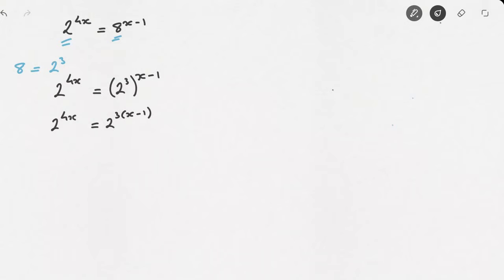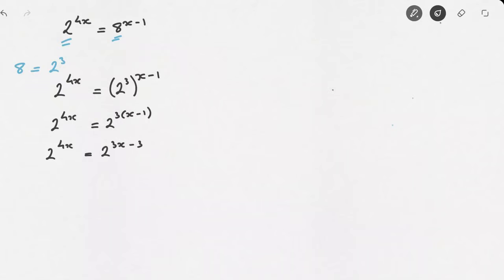Distributing this 3 would lead us to 2 to the power of 4x equals 2 to the power of 3x minus 3. And now that we've written both sides of the equation as powers of 2, we can get rid of the 2's altogether, and we can just focus on the exponents.